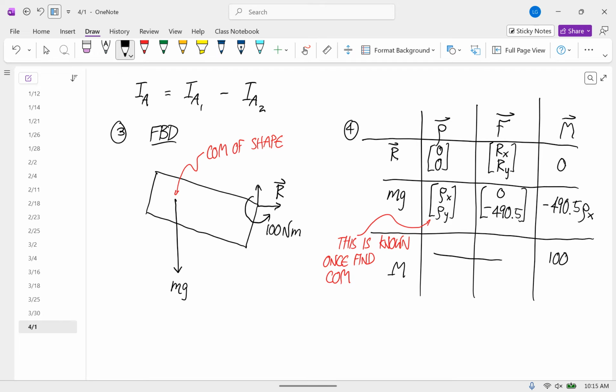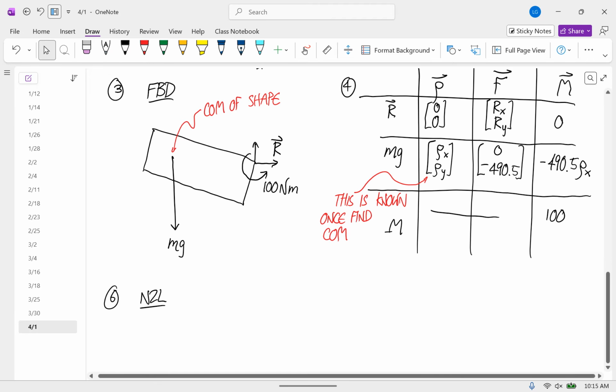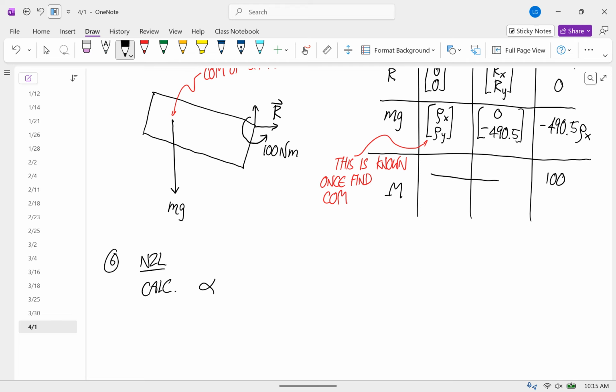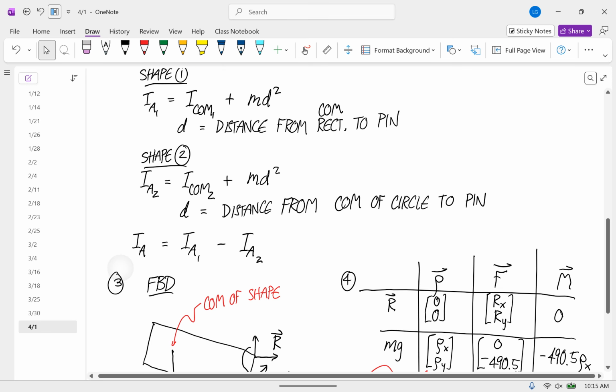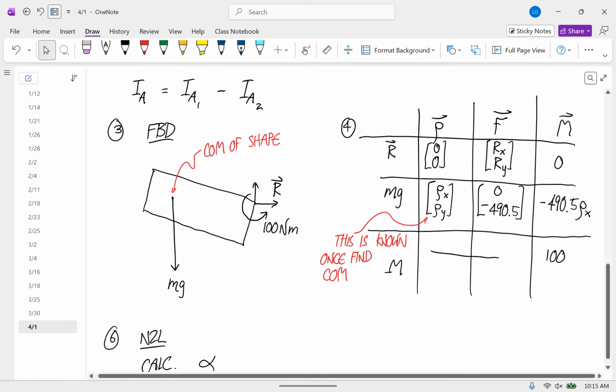Do we need Newton's second law for this one? No. So then go to step 6, rotational Newton's second law. We know all this stuff, so we can calculate the angular acceleration. And then, really everything about this is the same as other problems, except that it's trickier calculating the moment of inertia and calculating the center of mass.